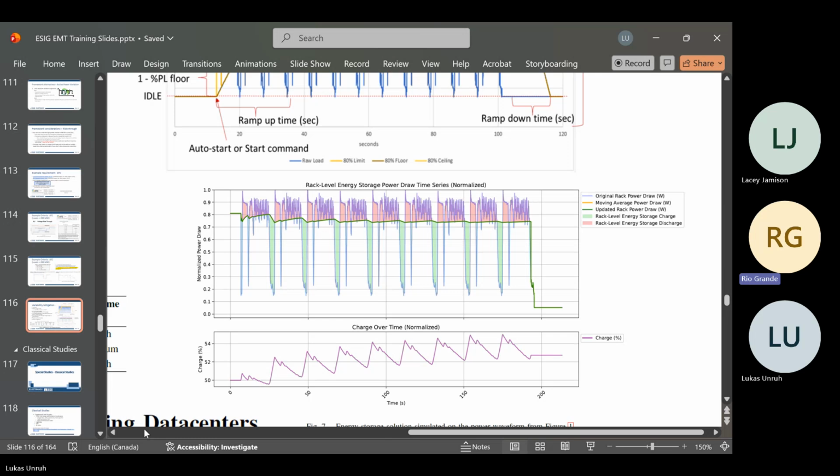And then any sort of power fluctuations from the GPU can be absorbed by that capacitor, and that battery will charge and discharge over time as it goes through these training cycles. And I think this is something that's been proposed a bunch of times, and I think this could be a really great way to handle this.